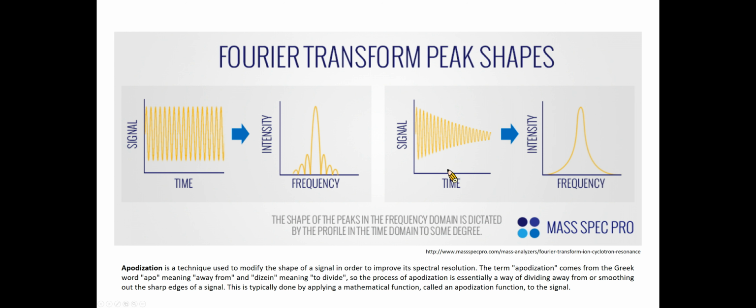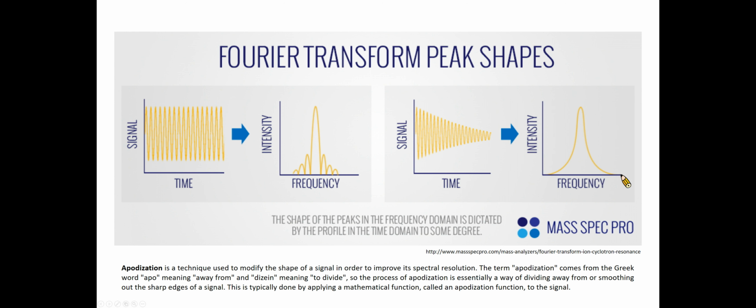The exact shape of the peaks in the frequency domain depends on some features of the transient itself. For example, if the sine waves in the time domain have fixed intensities over time, then the peaks in the frequency domain take the shape of a sinc function. However, if the sine waves decay to near zero amplitude during the transient, then the peaks in the frequency domain have the shape of a Lorentzian.